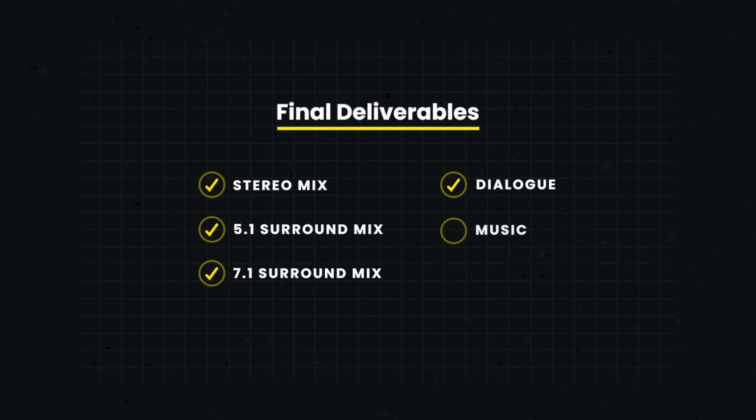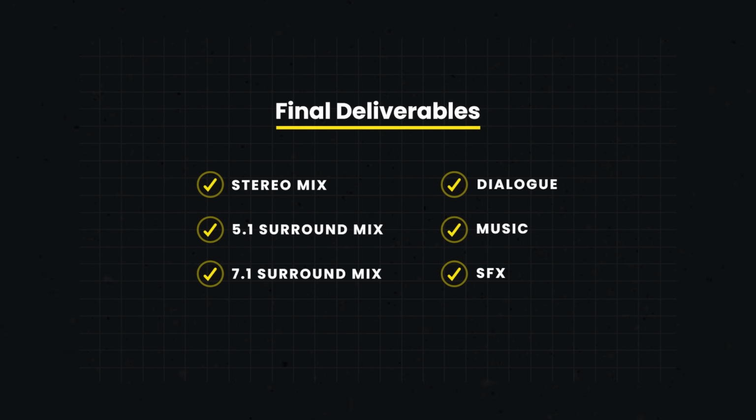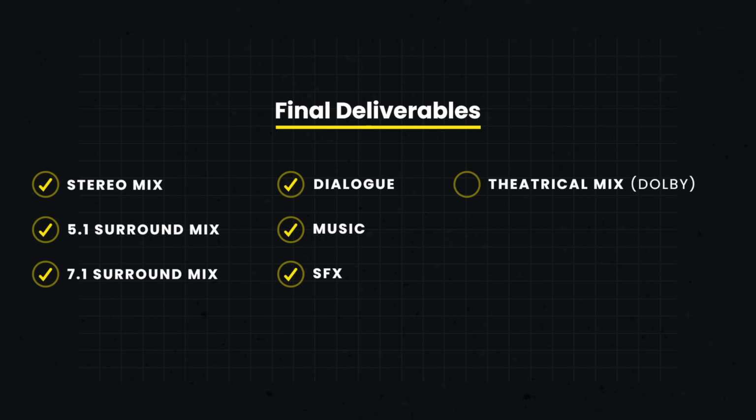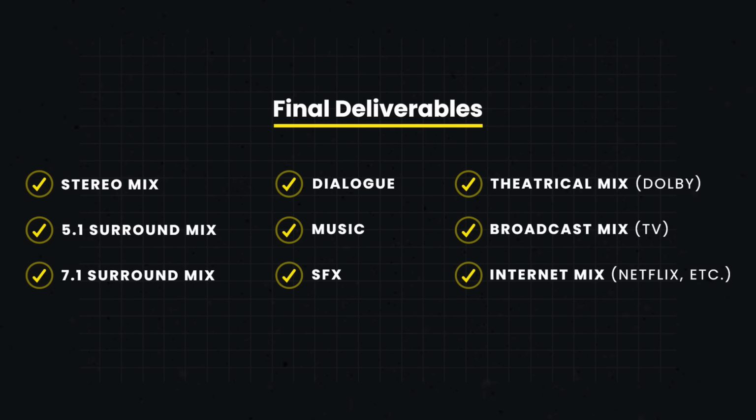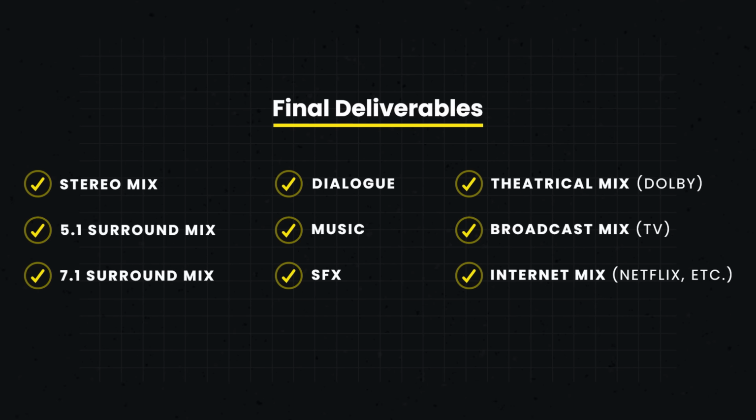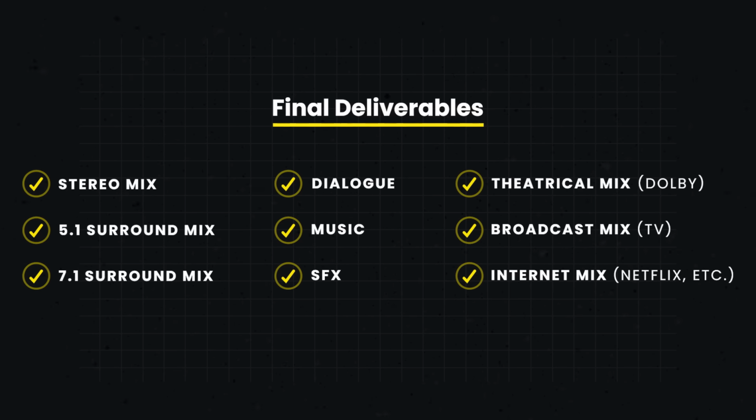Individual dialogue, music, and effects tracks called stems that are used for dubbing and trailers, a theatrical mix completed in a Dolby certified studio, a broadcast-compliant mix for television, and an online mix for streamers like Netflix, which have their own specifications.